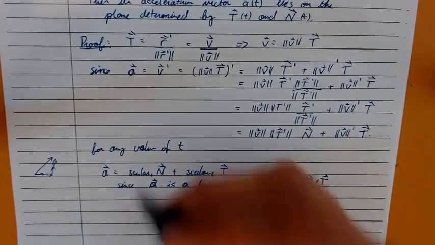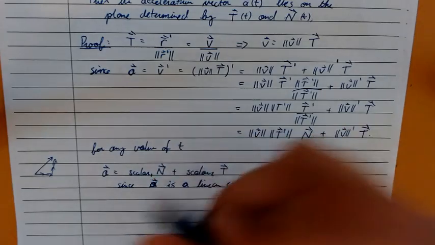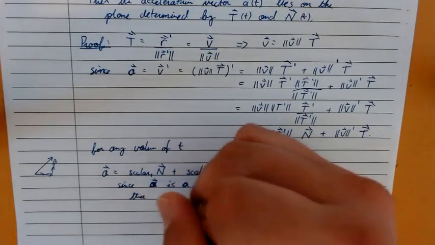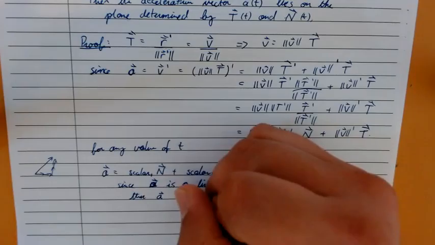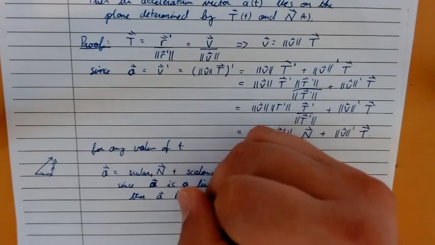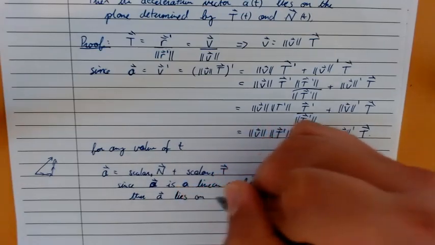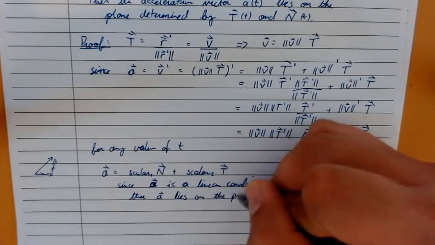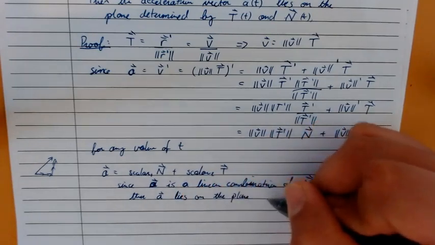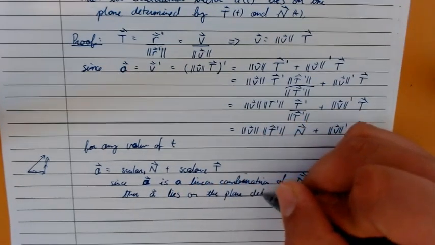That means they're all coming from the same plane. Then a, I guess I'll say, lies on the plane determined by n and t.